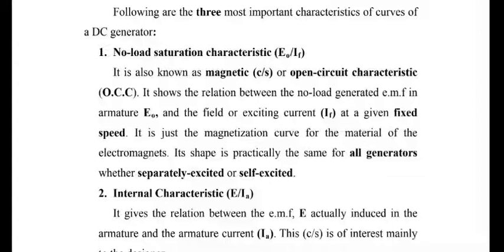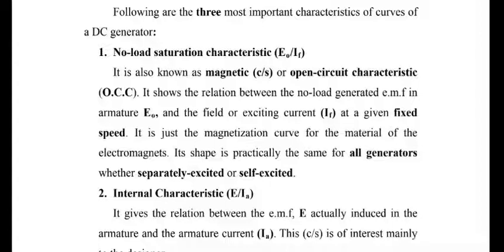Now, if you increase the flux produced by the poles by increasing the field current going in, when the values of the field current are small, you will see almost a linear rise in the value of flux with the field current. But as field current goes higher and higher, the pole magnetic material starts saturating, and you will see that the flux is not increasing anymore, even though you are pumping in more field current.